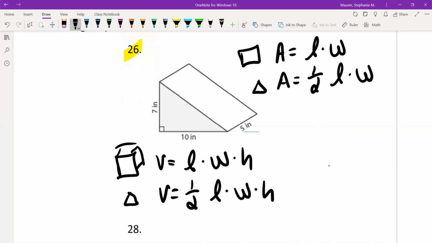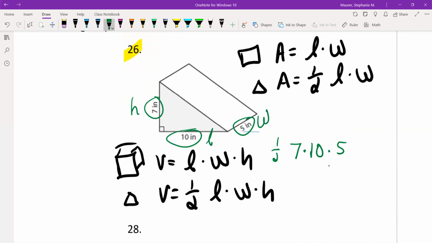And just because we don't have an actual formula for a triangular prism doesn't mean we can't do it. So we have, let's call this our length, let's call this our height, and let's call this our width. So all I would have to do is 7 times 10 times 5. Once I have that number, multiply it by 1/2 because it's a triangle.